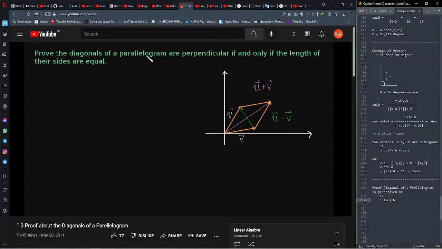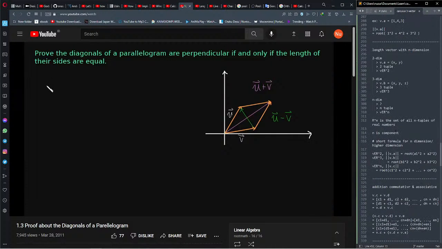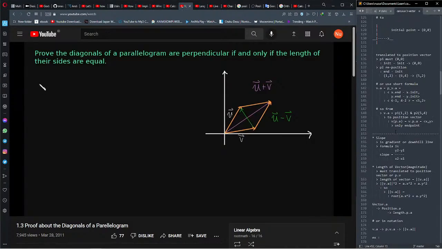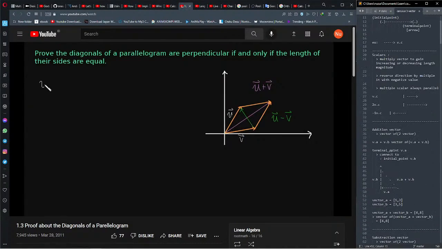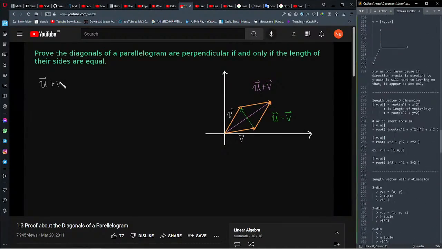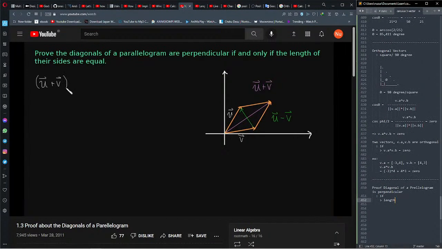Let's see if we can convert this statement into some math. So what we're trying to prove is that the diagonals u plus v and u minus v are perpendicular, right?